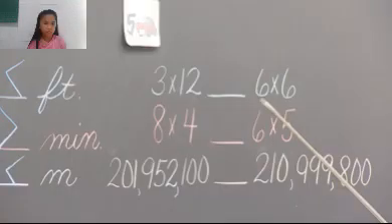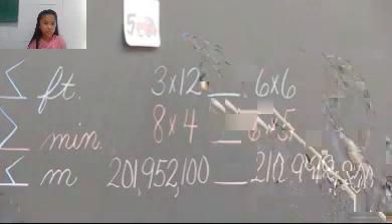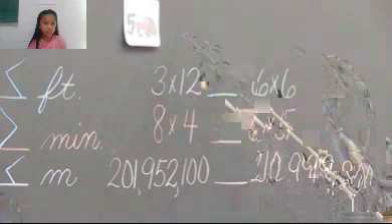Now for these problems, we're going to need to figure out the answer first. 3 times 12 blank 6 times 6. Now what is 3 times 12? 36. Yes, now what is 6 times 6? 36. Good, so we have 36, 36. Obviously those are what? Equal. Good, so we're going to write equal in the blank.